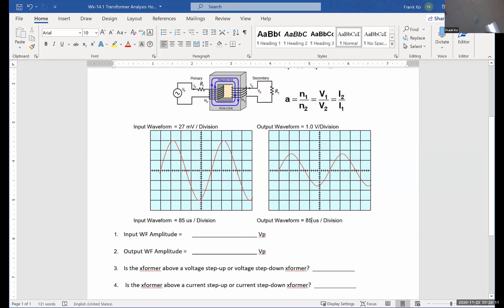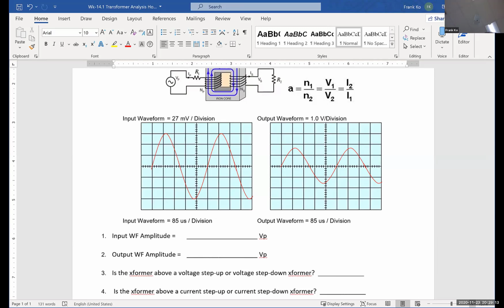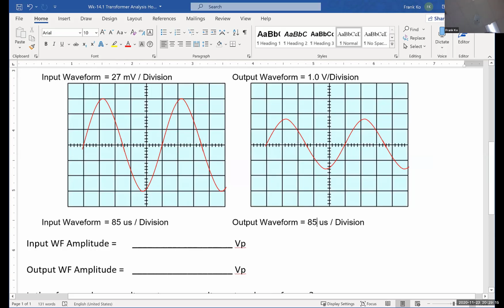Okay, you see those waveforms? In a moment. There it is. All right, you see that pretty well on the screen? Yeah. All right. So you have an input waveform of 27 millivolts per division, and the waveform is at 85 microseconds per division.